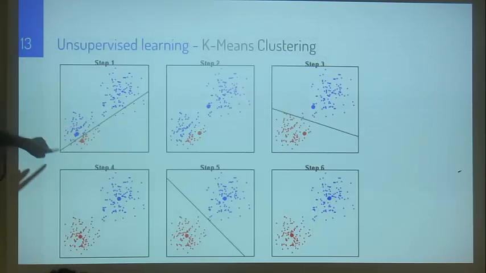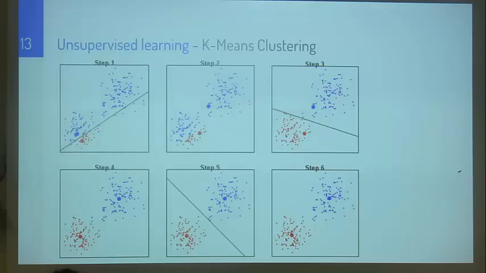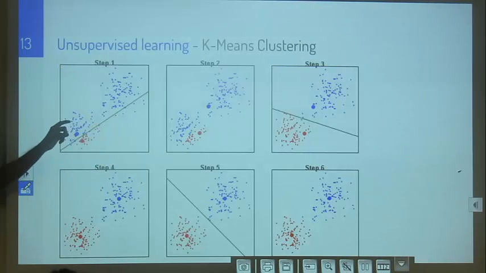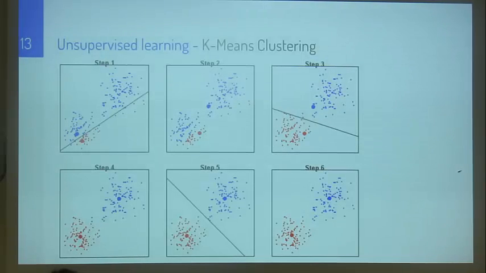So based on two features, you plot your data set, right? So at a glance, if you see these two things, you clearly see that there is a boundary, right? But we need the machine to figure the boundary out itself. So how do you do that, right? So that's what K-means clustering does.